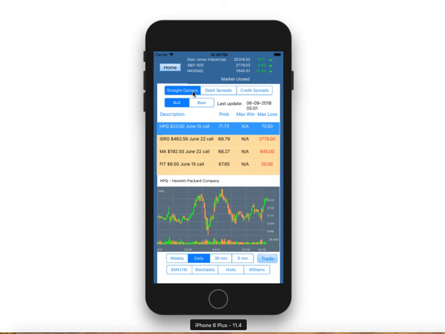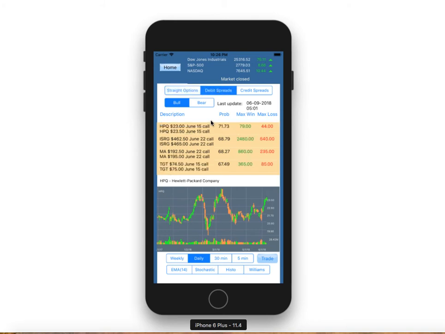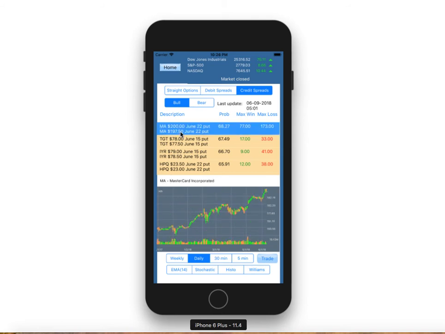You can do straight options in Crystal Ball, or you can do debit spreads. This gives you your best bang for the buck debit spreads, or credit spreads. It's telling us that this one here, the ticker symbol is MA. What is MA? I'm curious. Oh, MasterCard, huh?